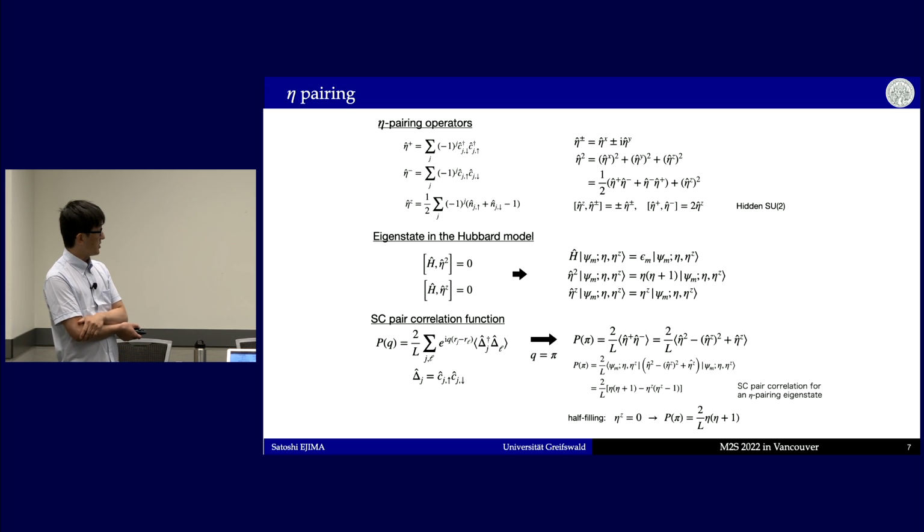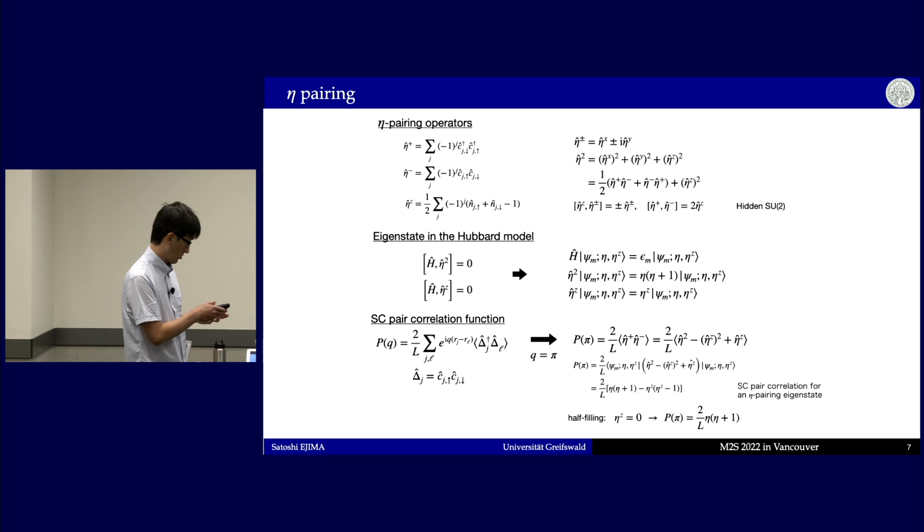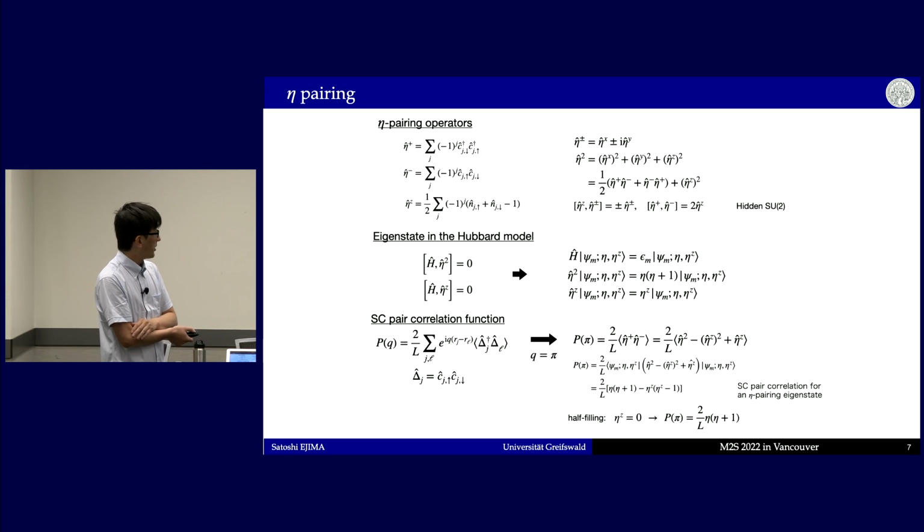These operators construct the eigenstates of the Hubbard model, as shown in the middle. Most importantly, superconducting pair correlation functions can also be described by these eta-pairing states when the momentum q is pi.